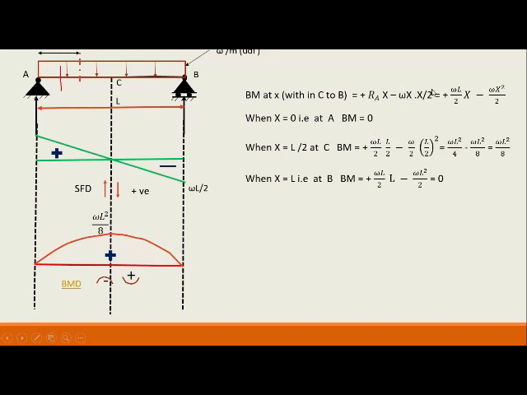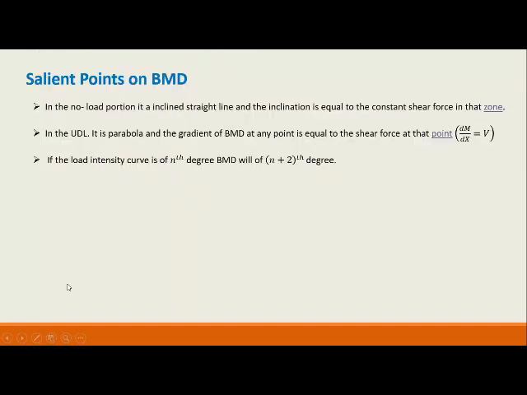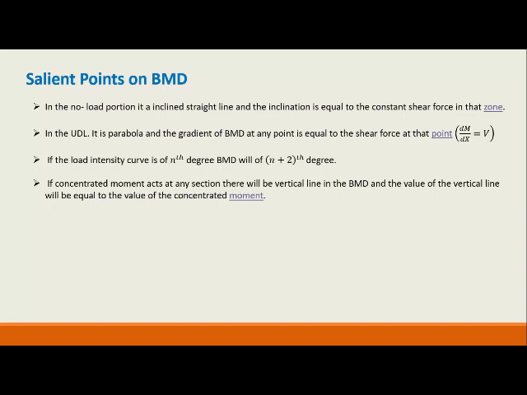This x will go on, and this will go down, and it will go up to omega into x by 2. So dM/dx is always equal to the shear force. And if the loading diagram curve is of nth degree, the BMD will be of n plus 2 degree. So these are the different salient points.